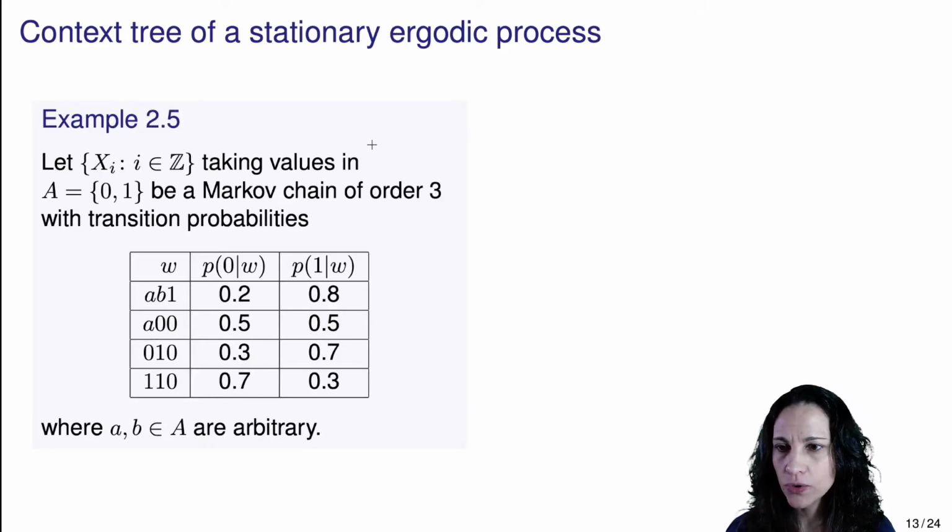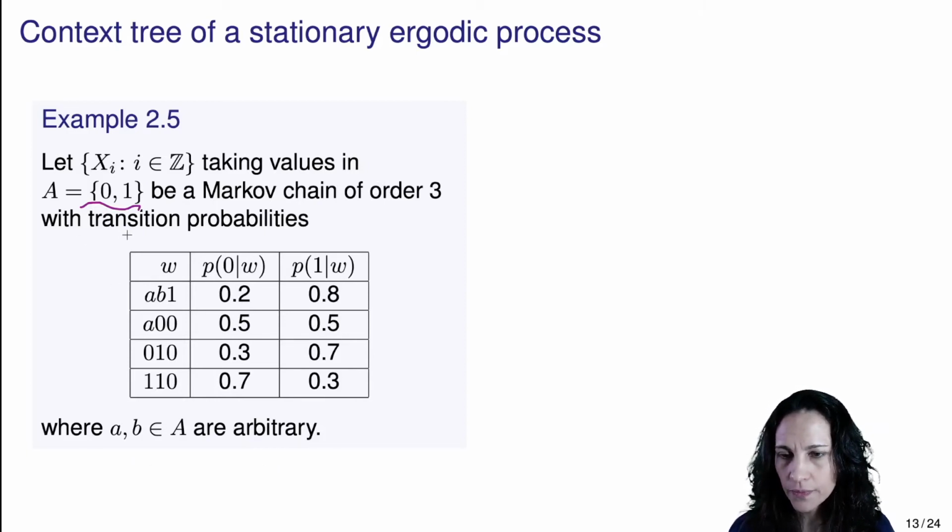Here we have example 2.5 in the book, where we have the process xi taking values in this binary alphabet as a Markov chain of order 3 with these transition probabilities, where A and B are arbitrary in this alphabet.